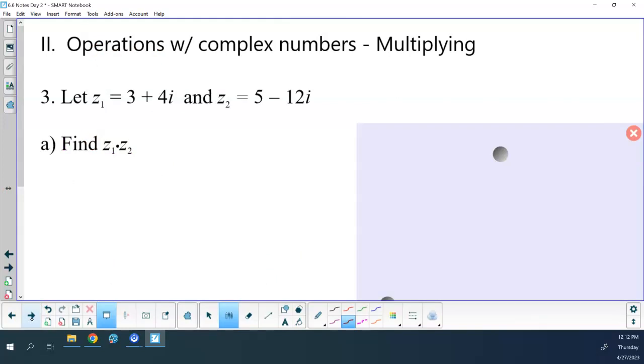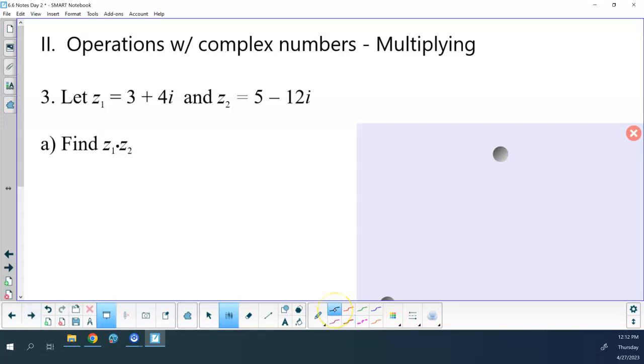So, we can do some operations with complex numbers. On the salmon colored sheet that was due yesterday for you, you did some adding and some subtracting and some multiplying and some dividing. Okay? So adding and subtracting, you add the real parts, you add the imaginary parts, move on with your life. With multiplying and dividing, we can do that like normal.